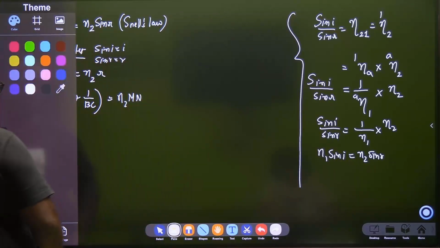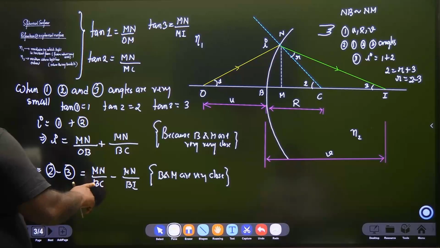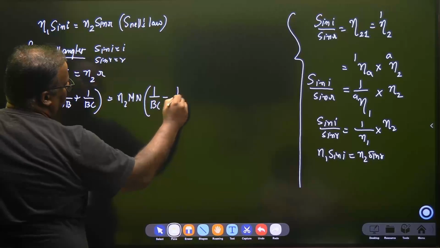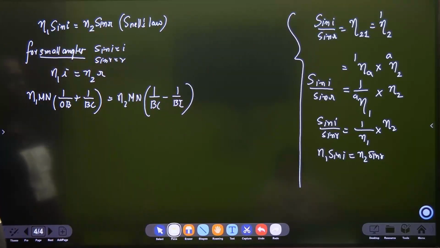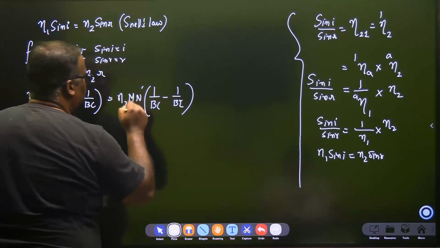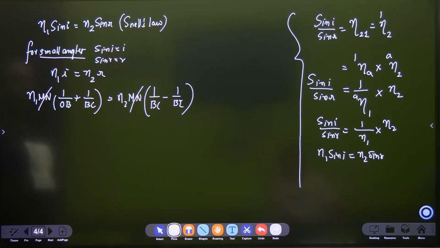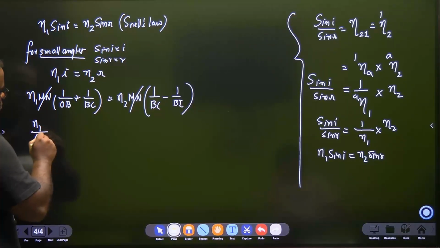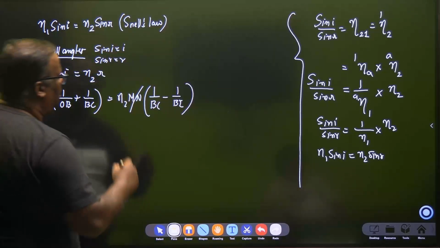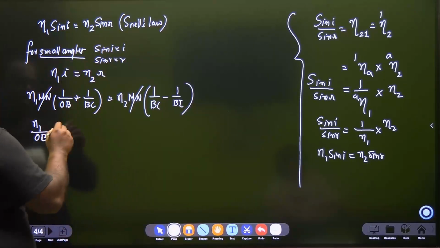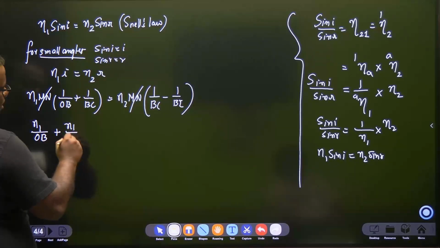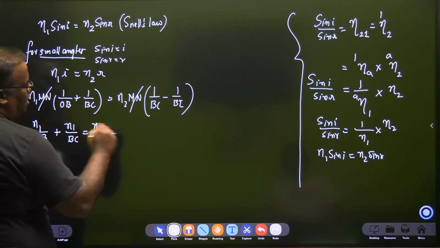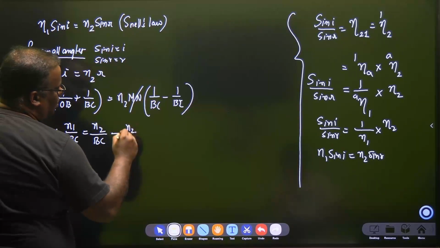Okay, and here it was BC minus BI, 1 upon BC minus 1 upon BI. Fine, Mn can take away Mn. So what do we have? We have eta 1 upon OB plus eta 1 upon BC is equal to eta 2 upon BC minus eta 2 upon BI.